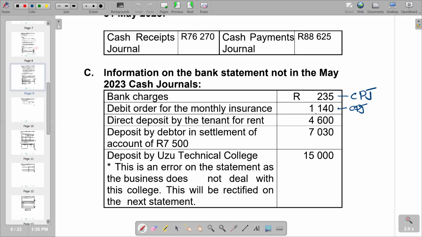This is a direct deposit, and it should be in the cash receipts journal since we are receiving, but on the bank statement it will be on the credit side. So we are supposed to go to the cash receipts journal. So 4,600 in the cash receipts journal.